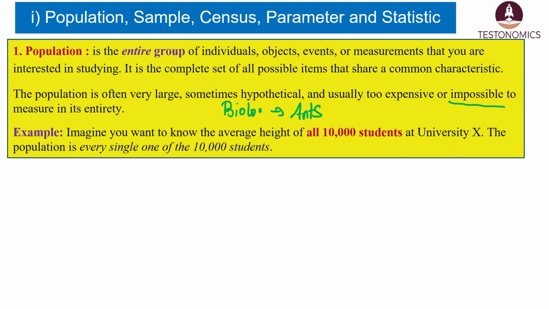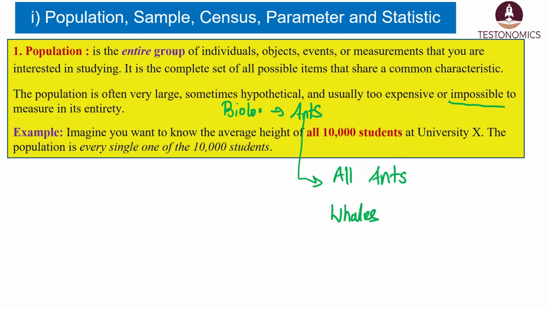For that study, the population will be all ants in the world. Of course, collecting data for all ants may not be feasible. Similarly, someone might be studying something about whales. Visiting all whales and collecting data about all the whales in the world might not be feasible in most cases.